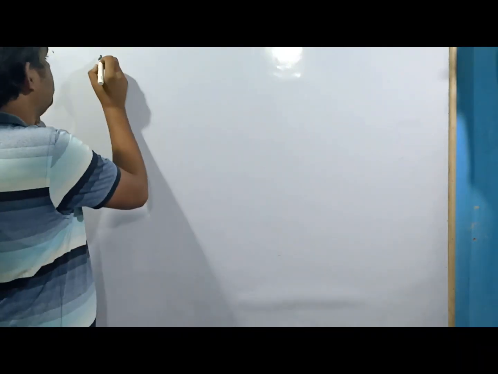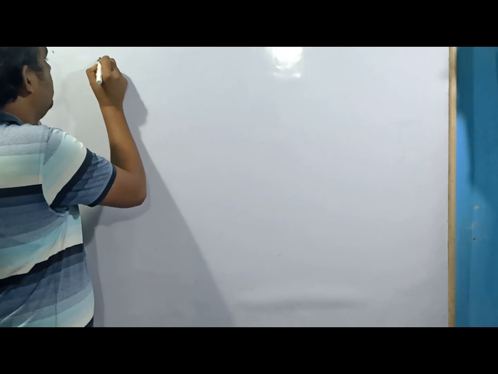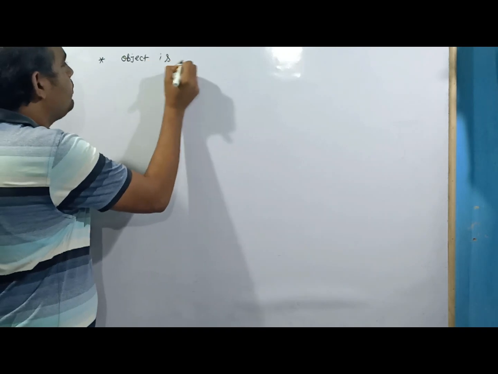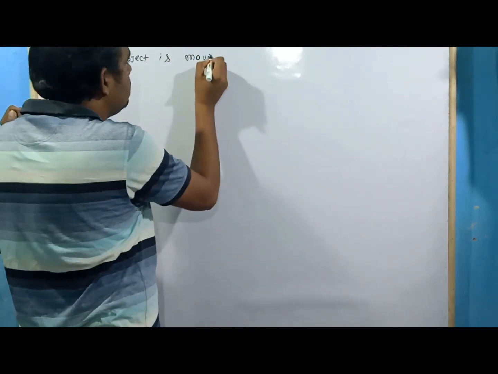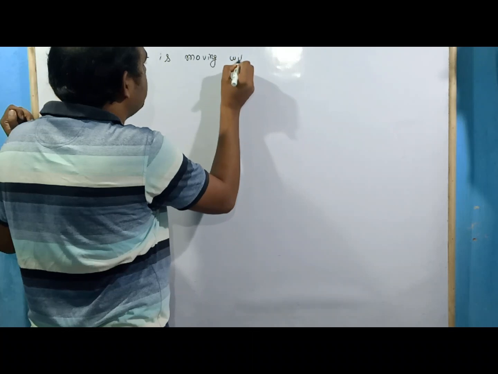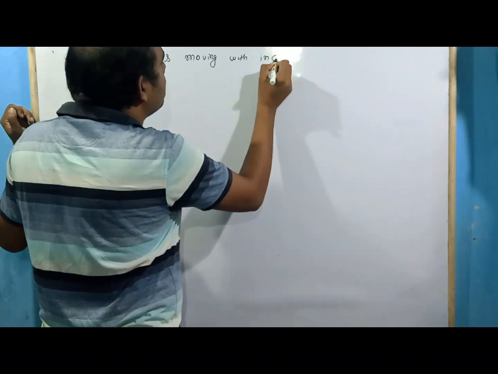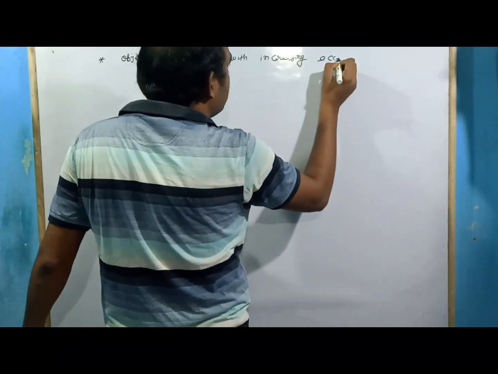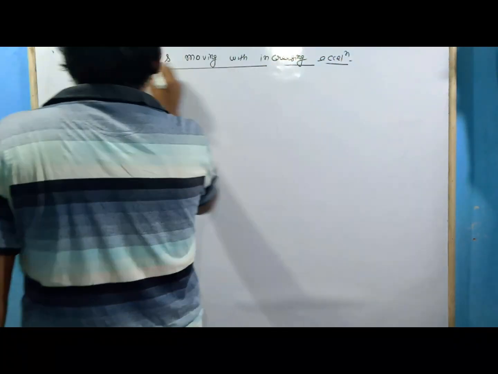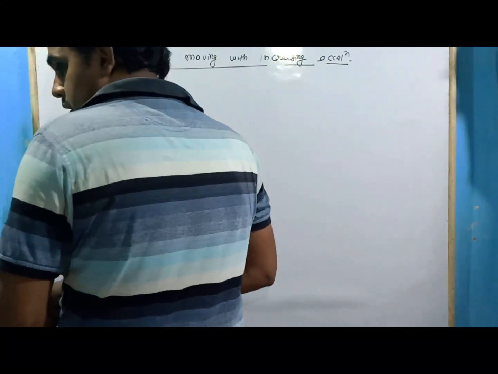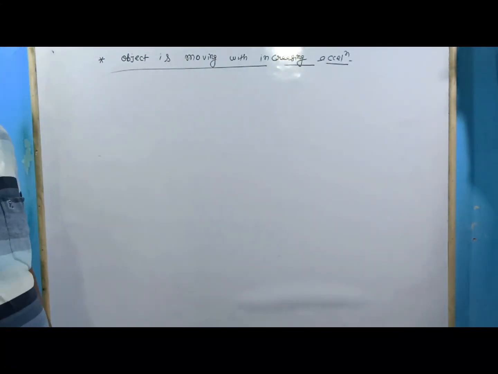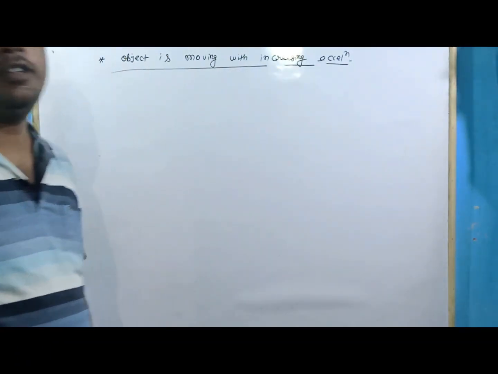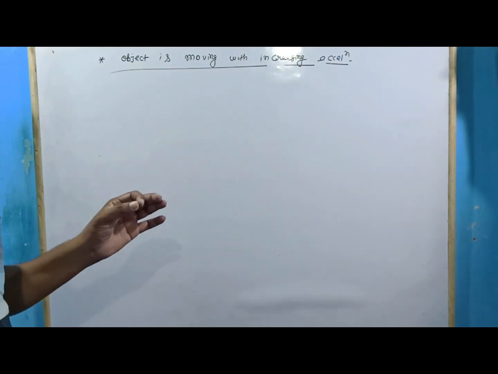That is, when the object is moving with increasing acceleration. अभी क्या हो रहा है, तो ऑब्जेक्ट तो मूव कर रहा है लेकिन एक्सेलरेशन खुद इंक्रीज कर रहा है. एक्सेलरेशन इज नॉट कांस्टेंट ओवर हियर.